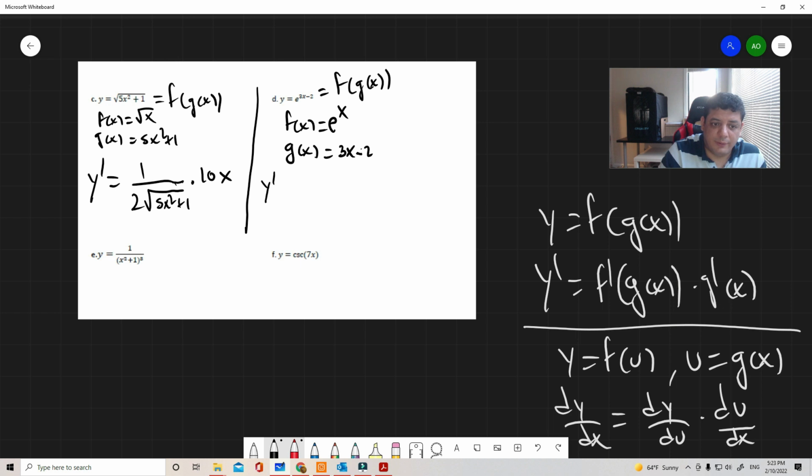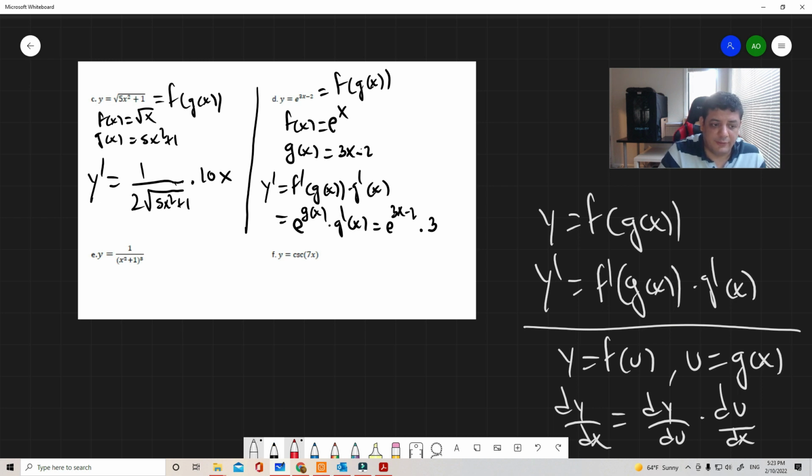Now if we want to find y prime, which is f prime composed with g of x times g prime of x, then we're just going to find that it's the same exponential composed with g of x times g prime of x, or e to the 3x minus 2 times the derivative of 3x minus 2, which is 3. And so that'll be the end result. Now that's really easy to do in this way. Now this is using this type of approach.